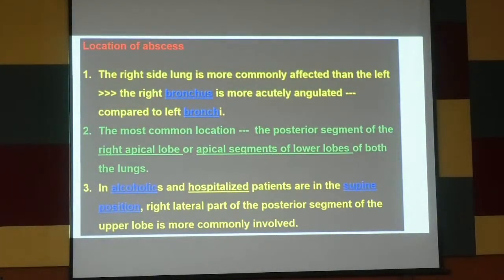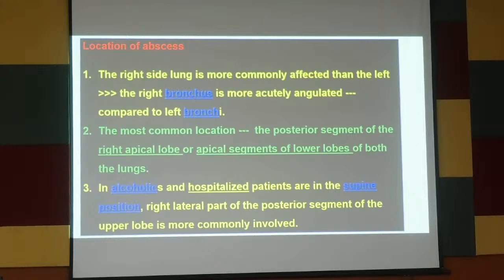Now, which side of the lung is affected? Usually the right side of the lung, the upper apical lobe on the right side, is very much affected. Why is it affected? The right bronchus goes acutely to the right side. That's why the apical part of the right lung is affected. And the apical part of both lower lobes is also a site of lodgement.